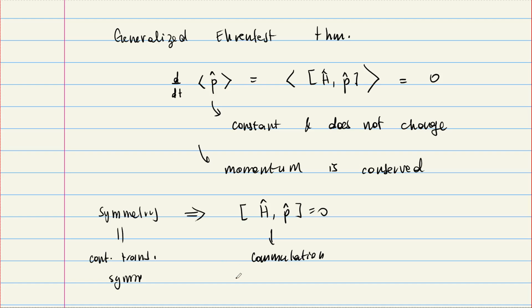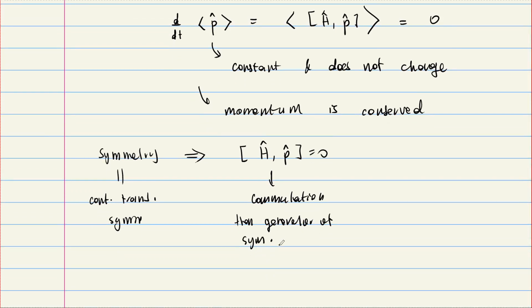So then the generator of symmetry has common eigenbases with H. And what does that mean? That means this generator observable, in this case momentum, is conserved.